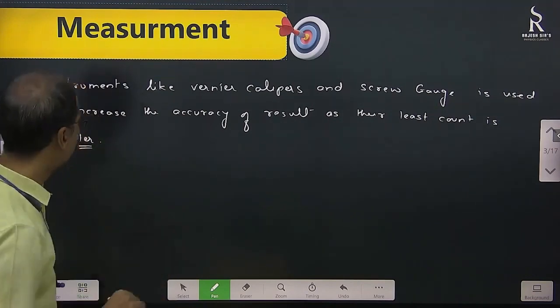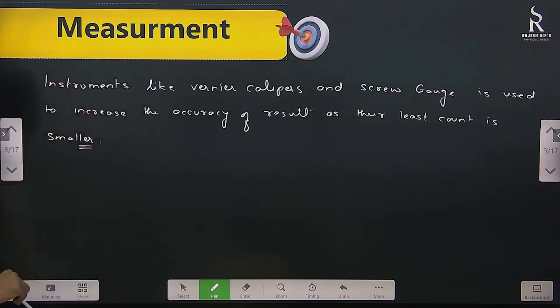Okay, so how is a Vernier calipers? First you note this.